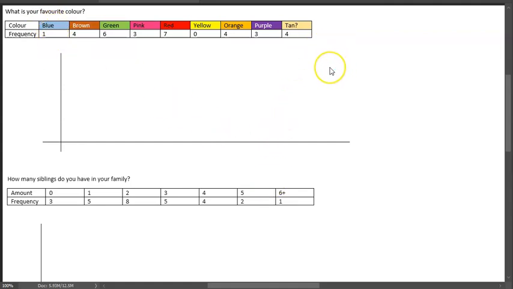This type of data that has been provided, even though we know the frequency amount, if I were to ask the question, what is your favorite color, they're going to give me a response that is a category. So in this case, this information here is categorical data, not numerical.